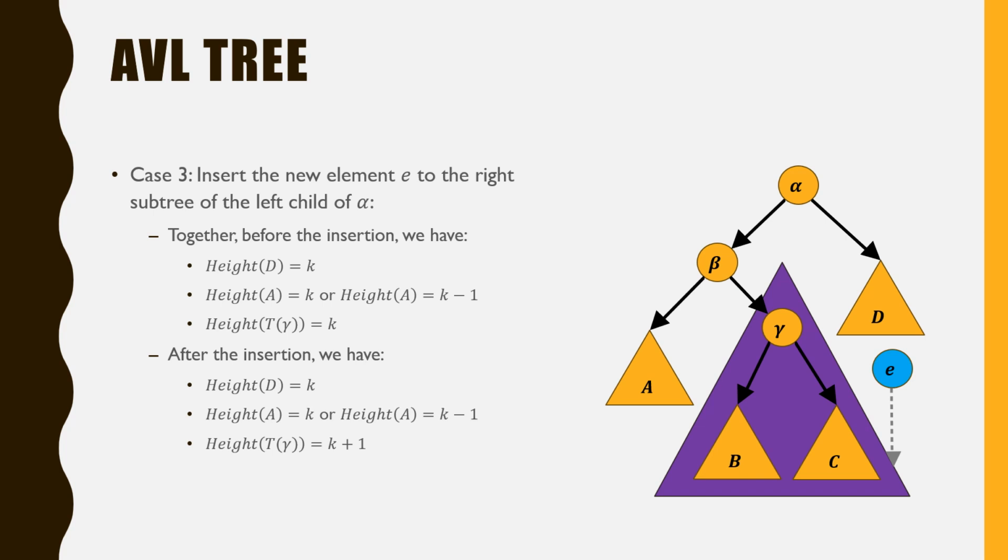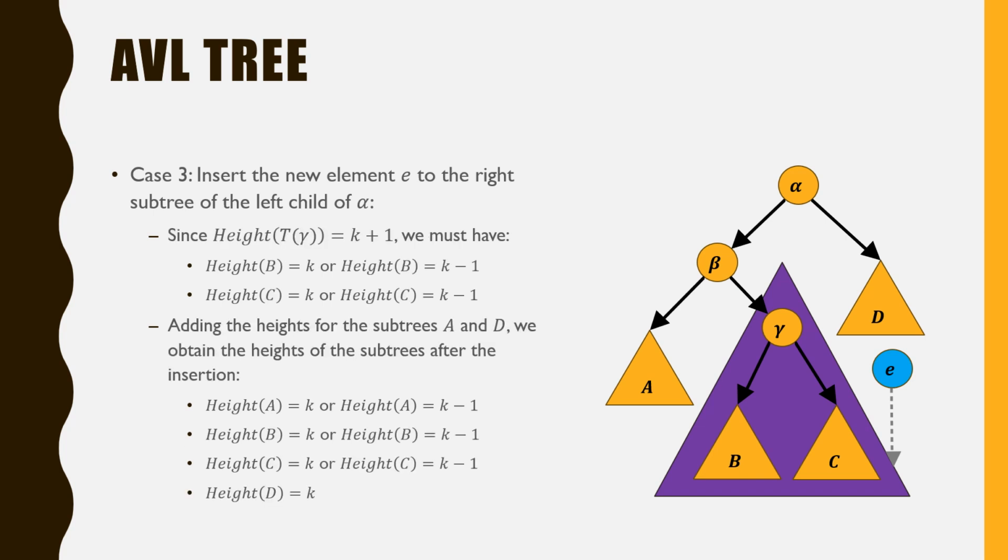Recall that when the insertion violates the AVL property, it increases the height of T gamma by 1. In this case, after the insertion, the height of D remains k, the height of A remains k or k minus 1, while the height of T gamma is increased to k plus 1.